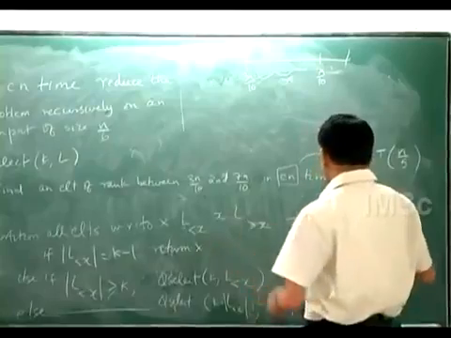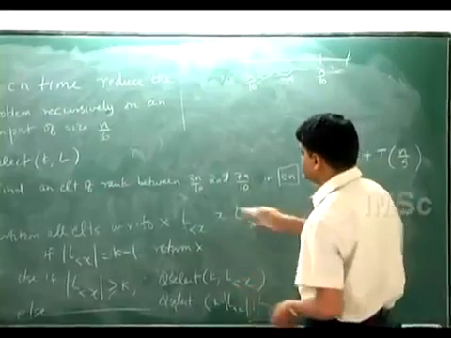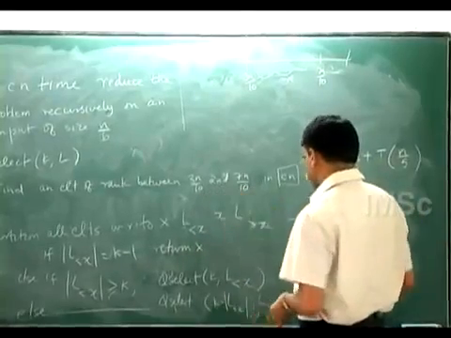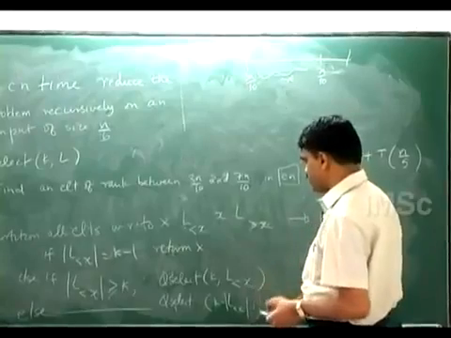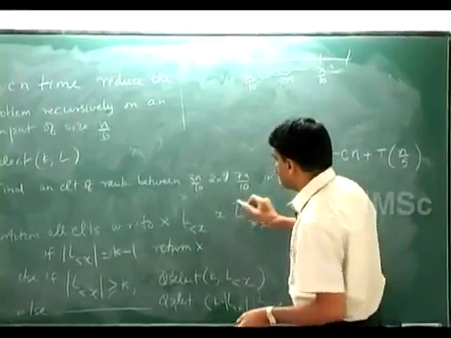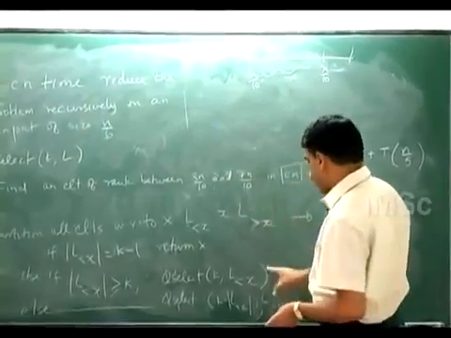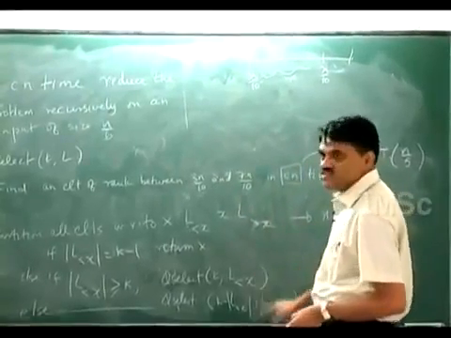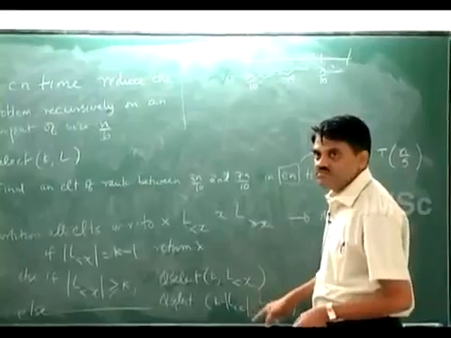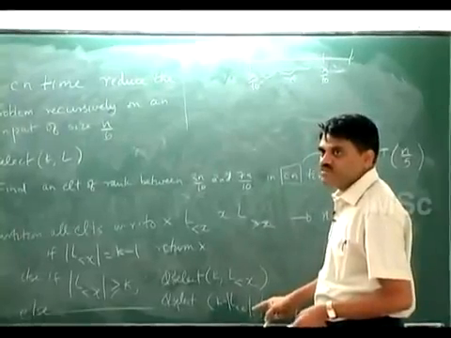And after doing this, it so happens. What can you say about the maximum size of the portion where I am recursing, if the element I'm looking for is in this range? How much can that be at maximum?